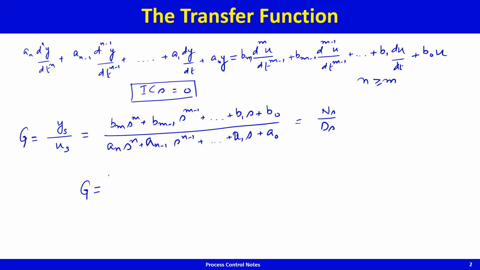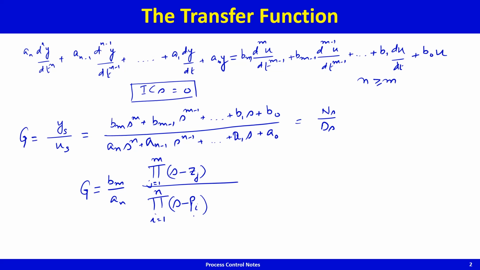And so what you'll get is bm by an times the product over j going from 1 to m of the factors of the numerator, so s minus zj, and at the bottom you'll have the product over i from 1 to n of the factors of the denominator, which I'll denote by p.